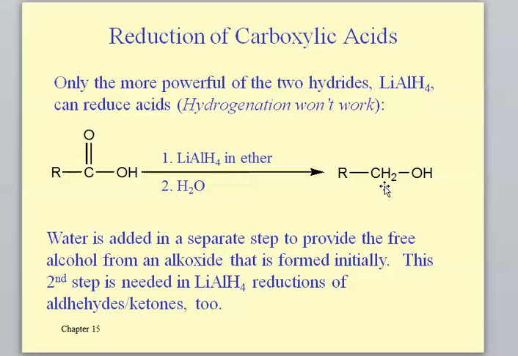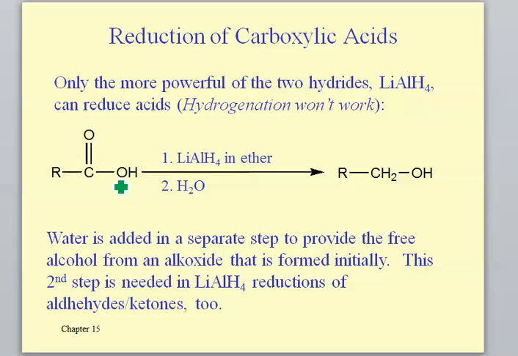As it says there, you can't use just plain H2. Hydrogenation will not work to do this kind of reduction, and lithium aluminum hydride really comes in handy because it is powerful enough to do that. By the way, this is listed as a 1 and 2, which means you can't add the lithium aluminum hydride in ether and the water all at once.